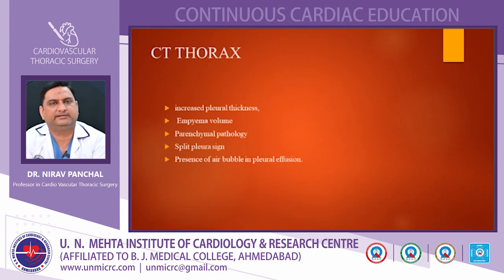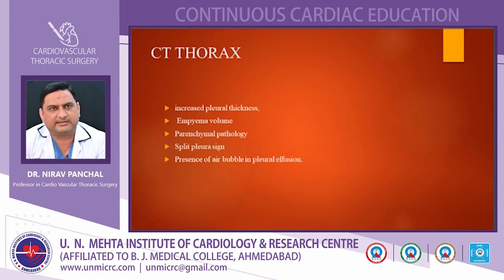If we go for CT scan, different important parameters we can assess by the HRCT. We can get the empyema volume, the exact site, location and the number of the empyema collections if they are loculated.